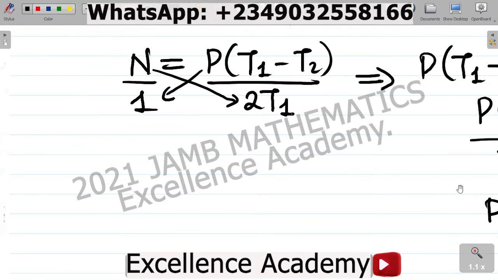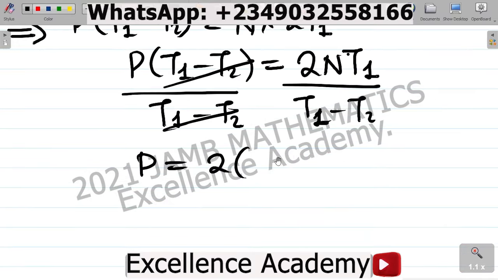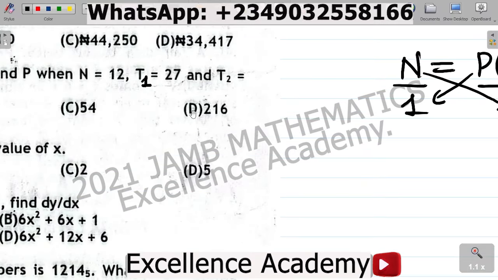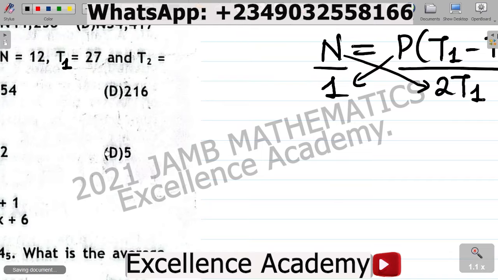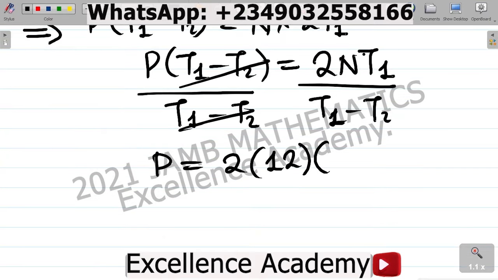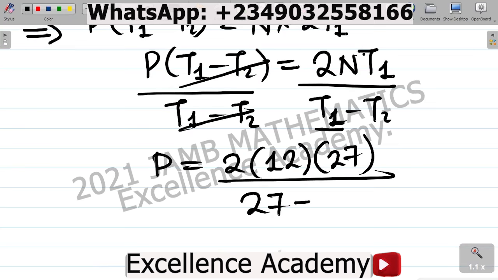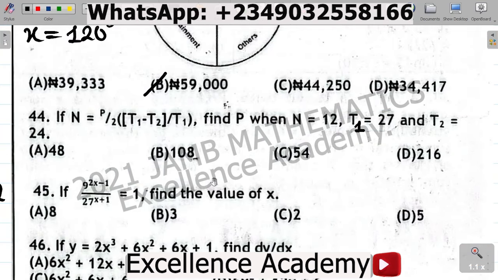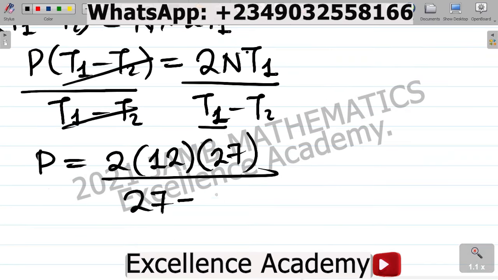So 2 times n gives you 2 times 12 into t1, t1 is 27, so this into 27, over 27 minus t2, we're given t2 here as 24. So this into 24.